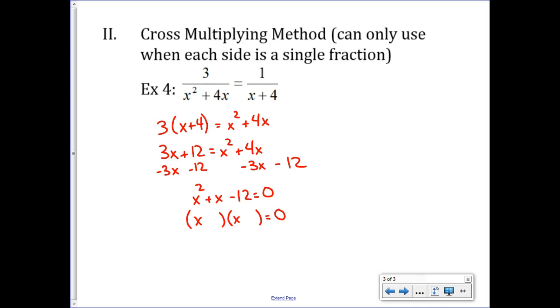Well, 3 and 4, so I know I want a positive 4 and a negative 3. So x equals negative 4, x equals 3. And I want to double check, do both of these work? So I immediately see that negative 4 is not going to work because it will make my denominator 0, but if I plug in 3, it works just fine.